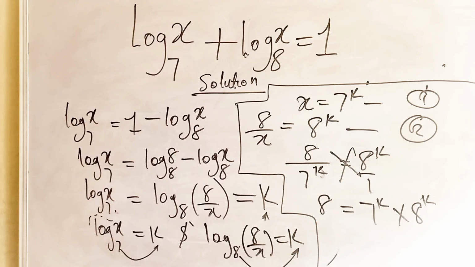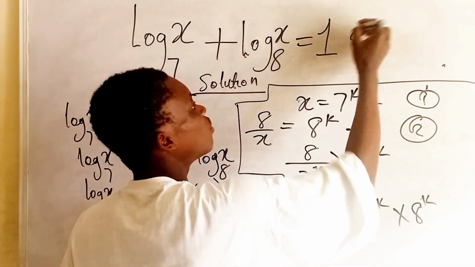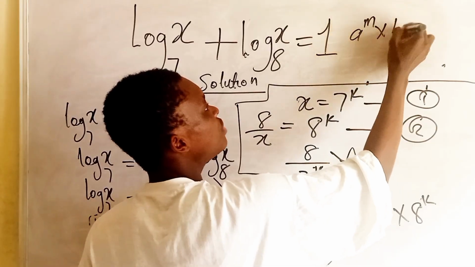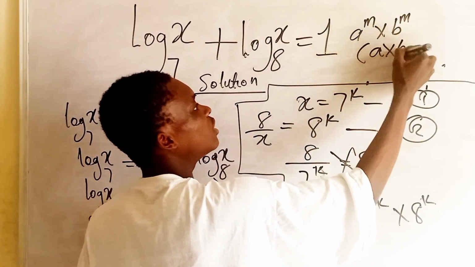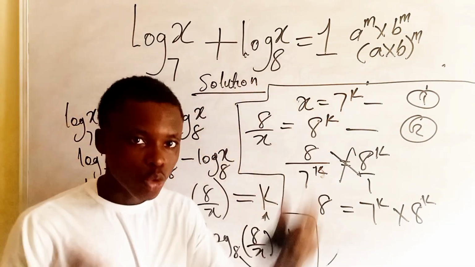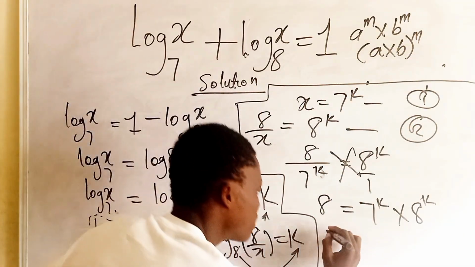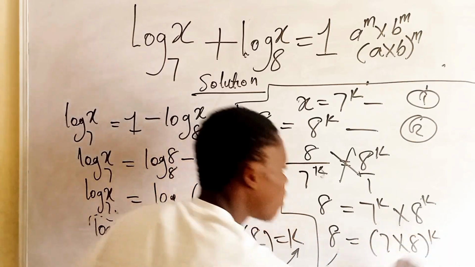All right, so from here we need to remember this law, that if we have a raised to the power of m times b raised to the power of m, automatically this equals a times b all to power m. Yes, because the powers are the same, we can group them as one. So from here, this is 8 equals 7 times 8 all to power k.